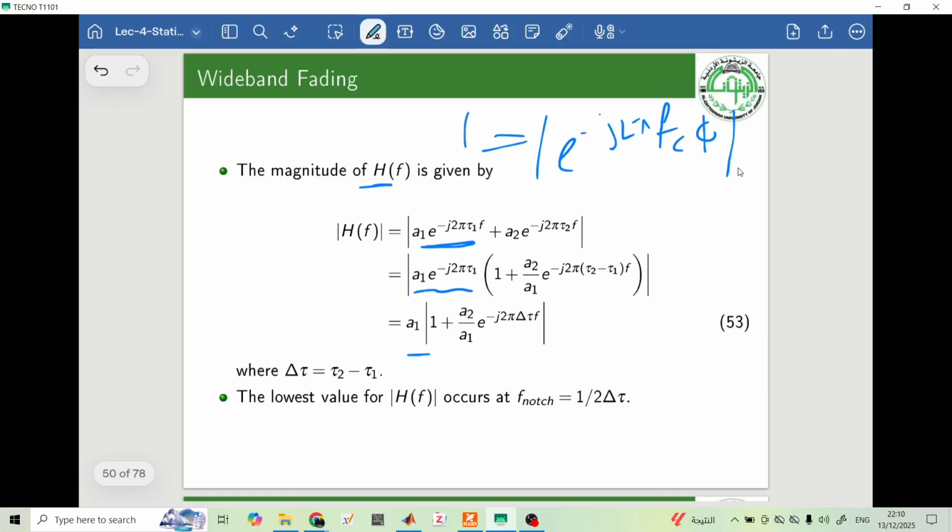So we are left with this expression in equation 53. Now this value will reach its minimum point when f, the frequency, equals 1 over 2 delta tau, which is called the notch frequency.